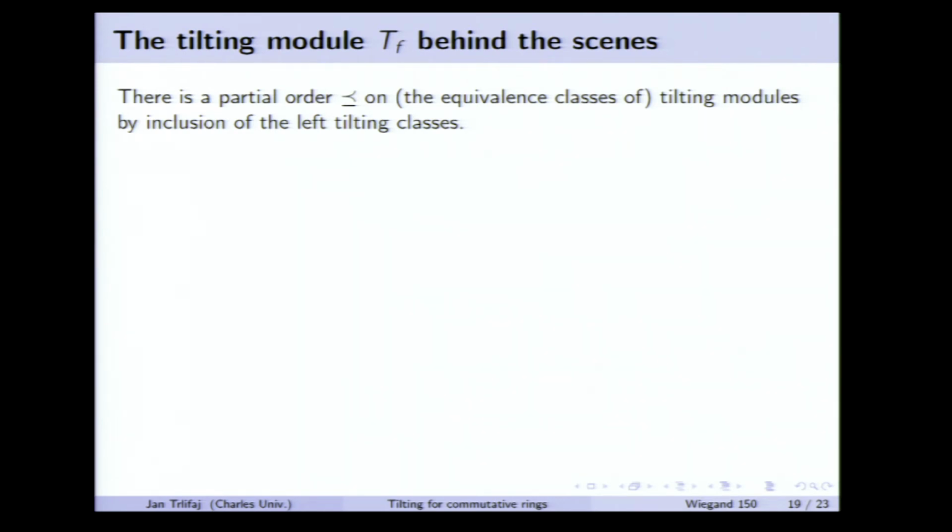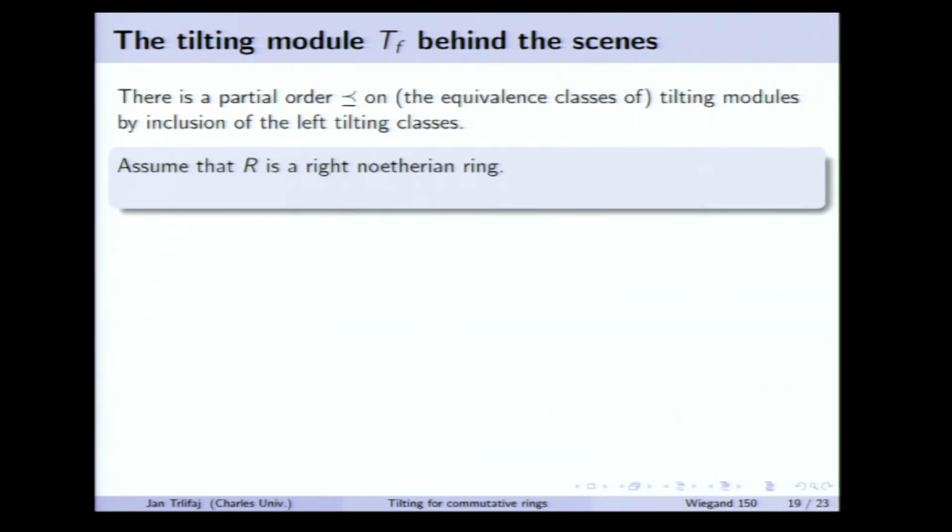Let me give a brief recap of this. So what does it mean that the finitistic dimension conjecture holds, that this little finitistic dimension is finite? This is just saying that there's a greatest element in the partial order of tilting modules, which are partially ordered by the inclusion of the left tilting classes.